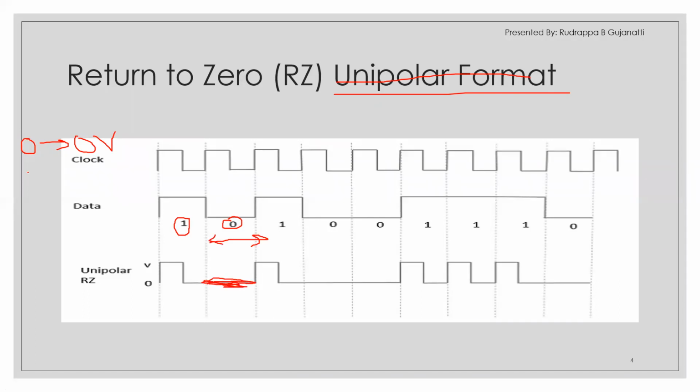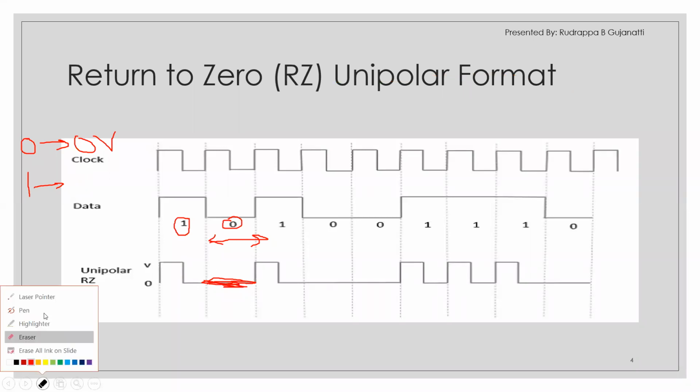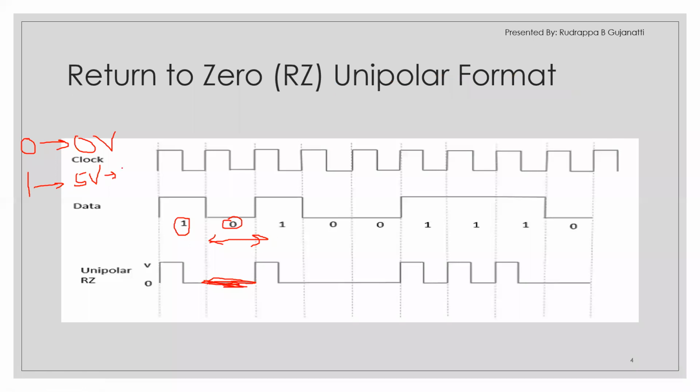Now if it is 1, it will be represented with 5 volt, that is plus 5 volt, for the first half, which I'll write as 0 to TB by 2.